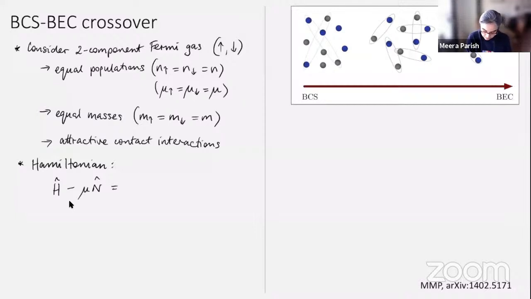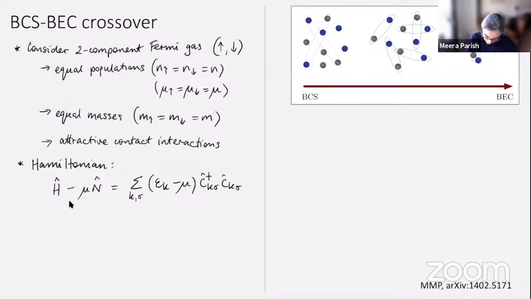I can write it down as: I have my non-interacting kinetic part, which involves both spins. So I have my kinetic energy, my chemical potential, and then my creation and annihilation operators for my fermions, corresponding to the occupation of these momentum states here.